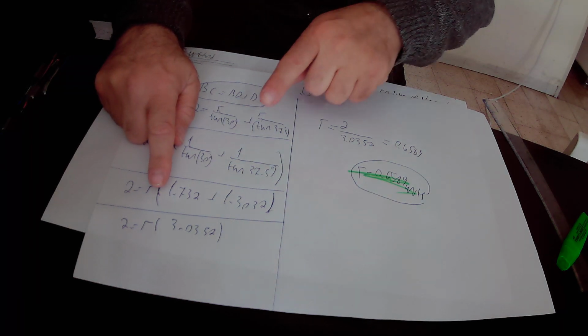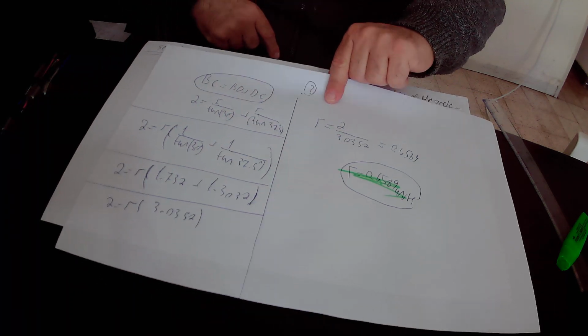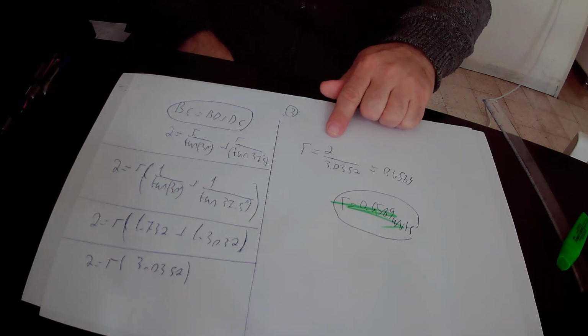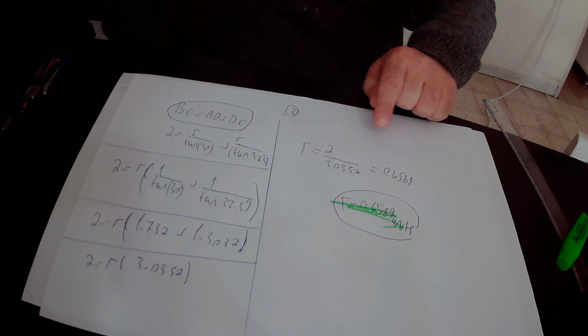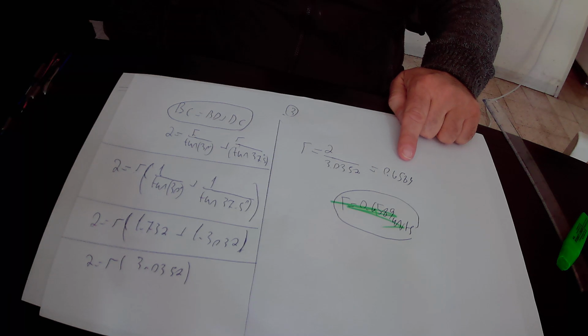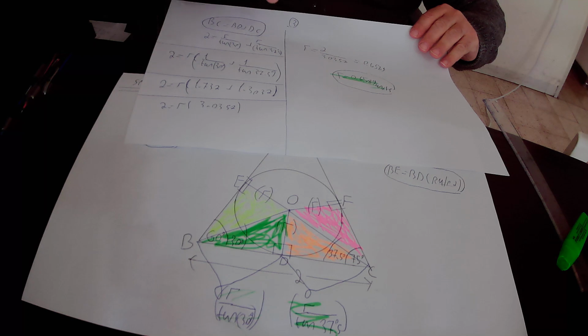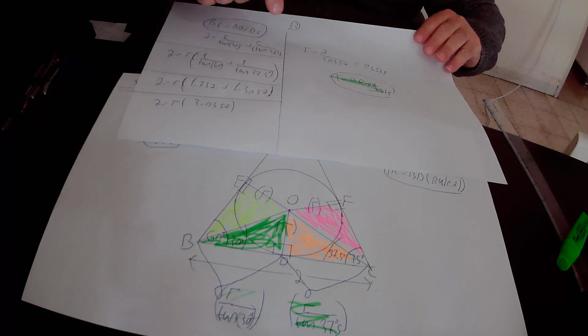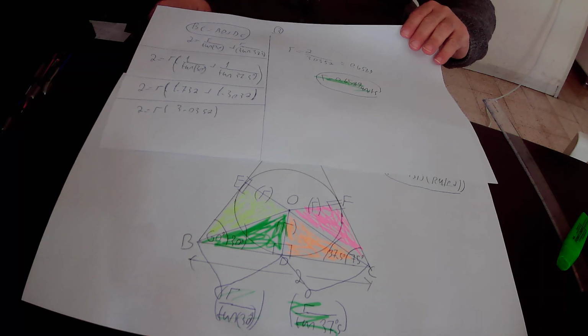We divided this equation by 3.0352 and finally found that R, the radius we are looking for, the radius of the circle R, equals 2 over 3.0352, that is actually 0.6589 units. So in both methods we found that the radius R of this circle equals 0.6589 units. Okay, thank you very much.